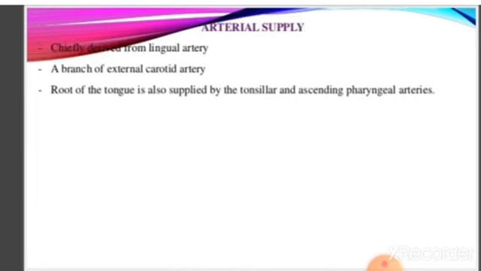Now the arterial supply, chiefly from the lingual artery. The dorsum of the tongue is supplied by the lingual artery, a branch of the external carotid artery, and the root of tongue is also supplied by the tonsillar and ascending pharyngeal arteries. Now, venous drainage, in short, two venae comitantes accompany the lingual artery, and one vena comitans accompanies the hypoglossal nerve.